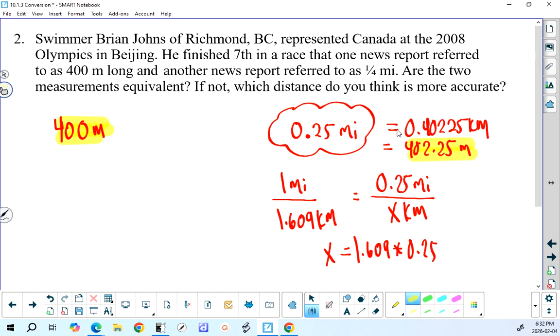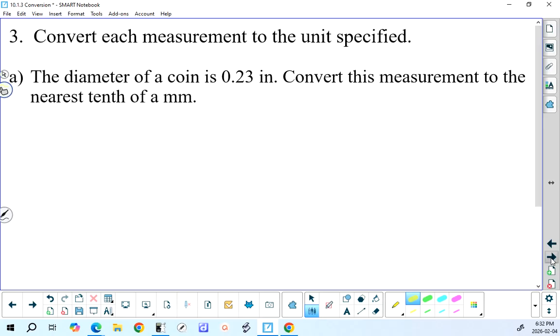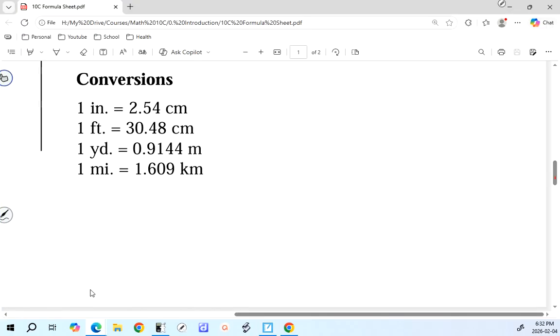All right, that's number 2. Number 3, I think, is just going to be an ABCD rapid fire kind of conversion. The diameter of a coin is 0.23 inches. What is that in millimeters? So when I go to my formula sheet, I see 1 inch is 2.54 centimeters.